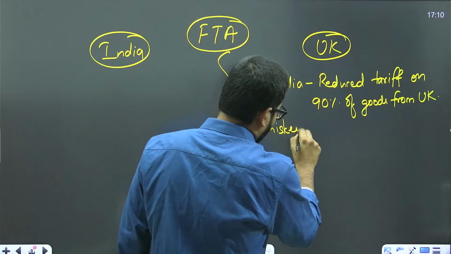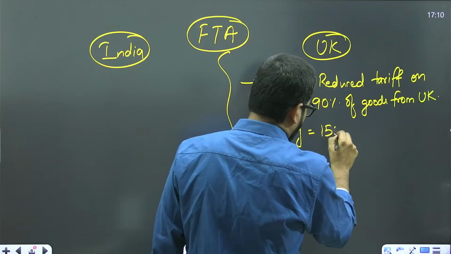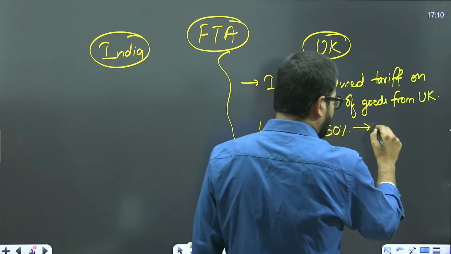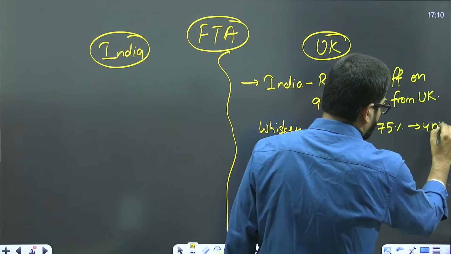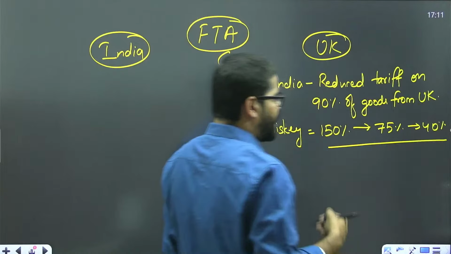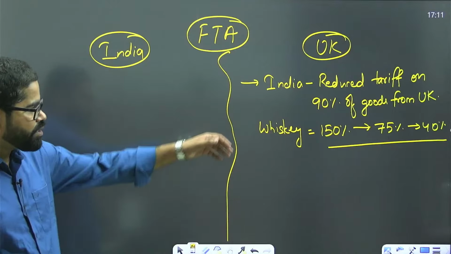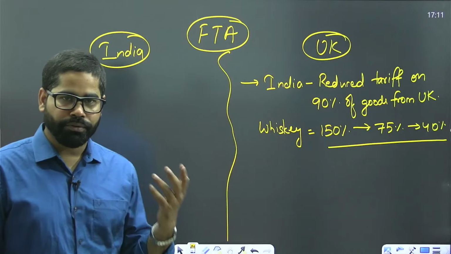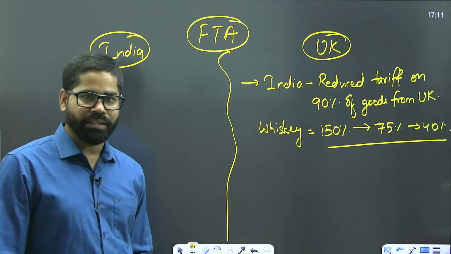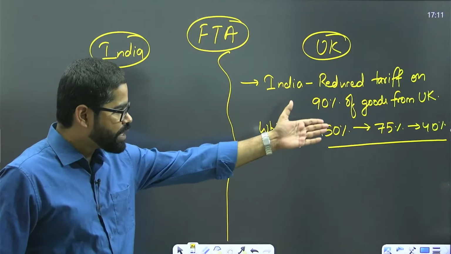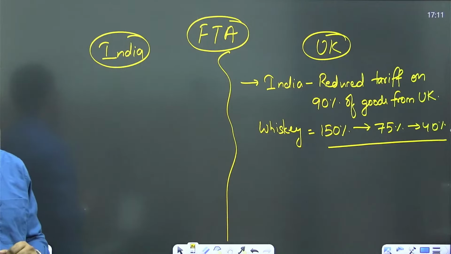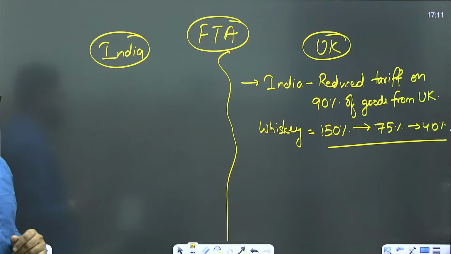Here the tariff is 150%. It is going to be reduced to 75% and then again to 40%. So in the upcoming 10 years, the tariff on whiskey coming from the UK is going to be reduced from 150% to 40%.